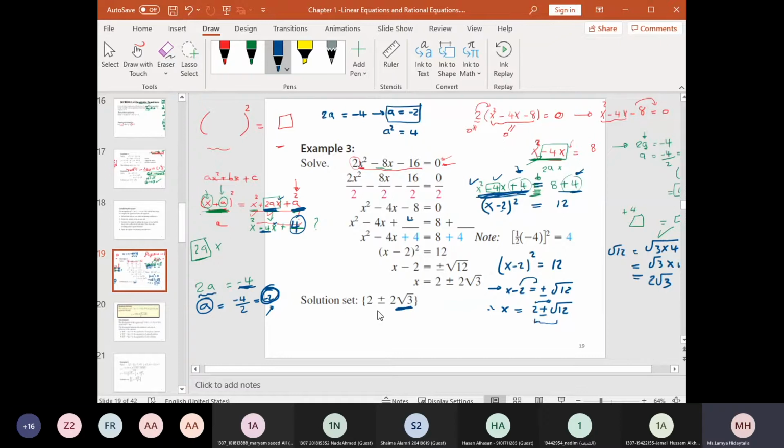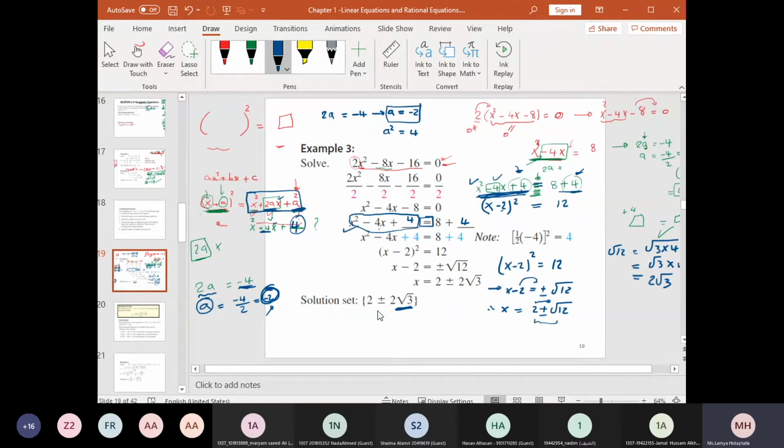So this is why I have to add 4 here. But for the equality to hold, what I did on the left hand side, I should do on the right hand side as well. Okay? So now I know that this is a full square. It is just like this one here.